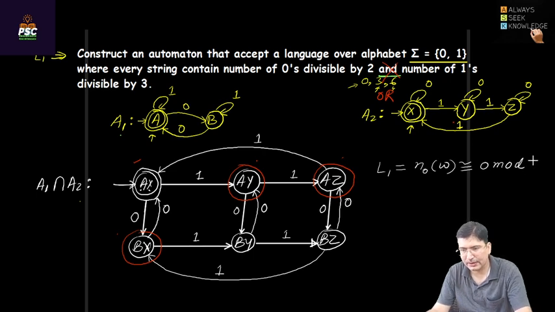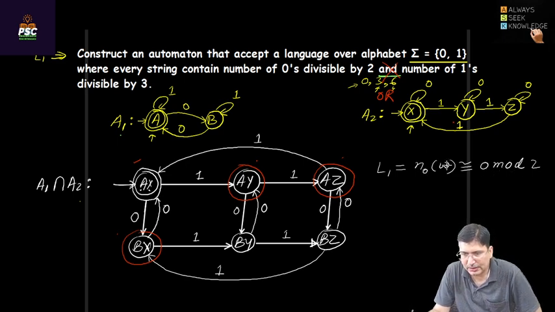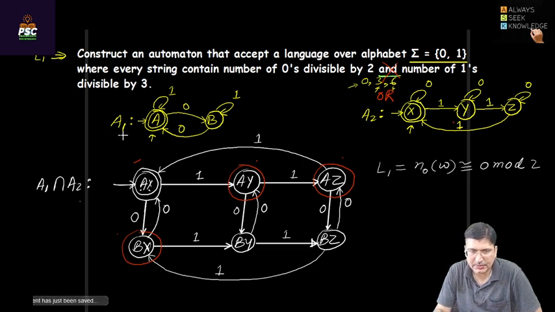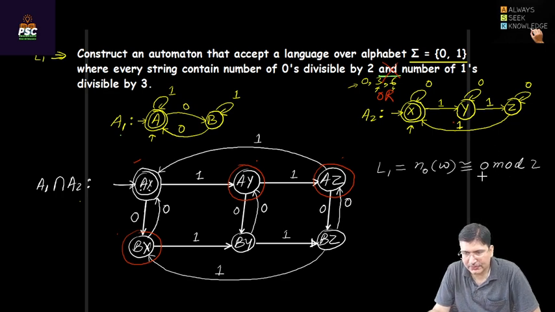So that means whatever the number of zeros occurs in every string of language L1, which is represented by automata A1, must satisfy this particular relation. So the number of zeros must be a multiple of 2, right?